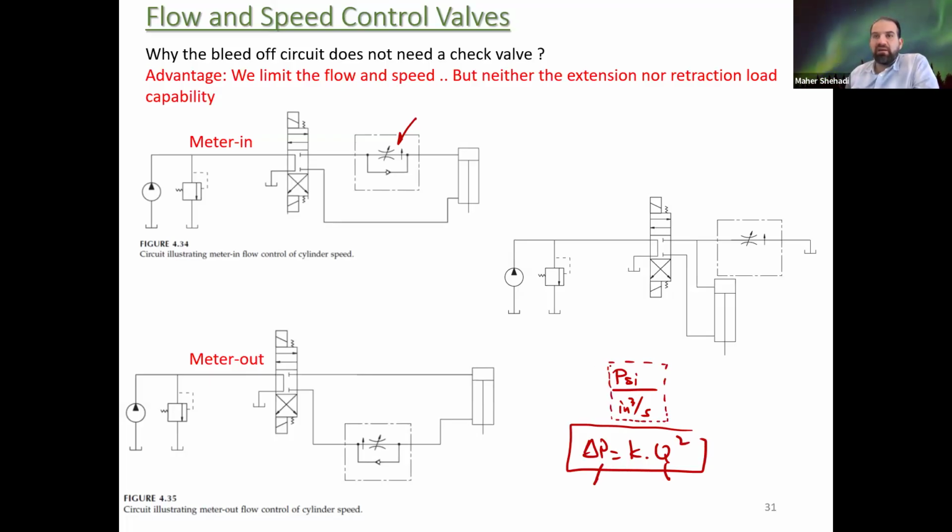mention here is just be careful for the units. This would be the square root of cubic inch per second, because it's delta P divided by Q squared. If you calculate K in this unit form, just make sure it remains the same throughout your calculation.